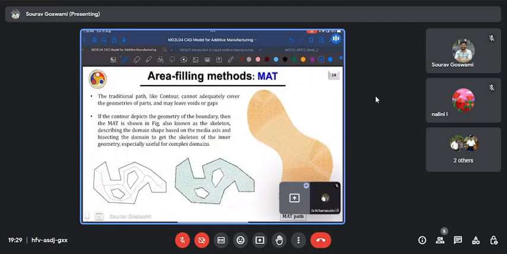The next method is MAT. So MAT actually stands for medial axis transformation. And the origins of MAT are from biology. So I think initially this was called the skeleton, as it is similar to a skeleton.